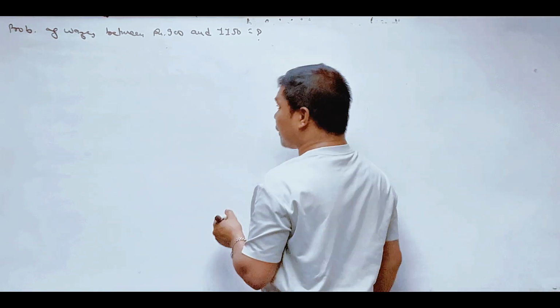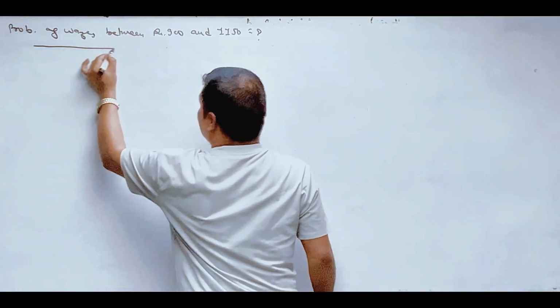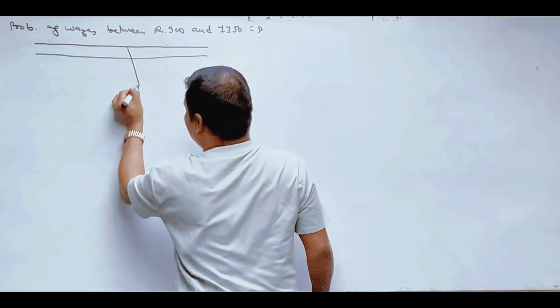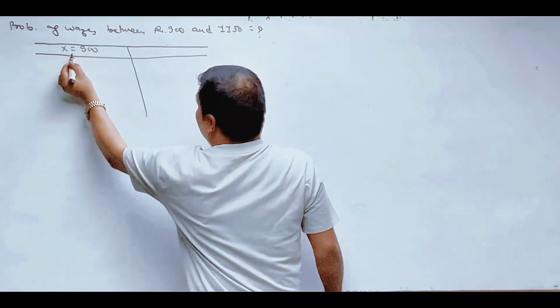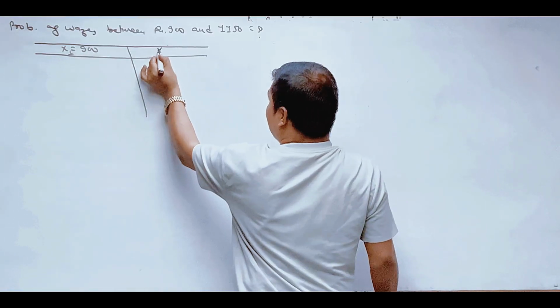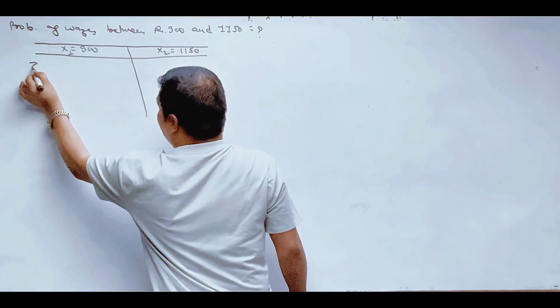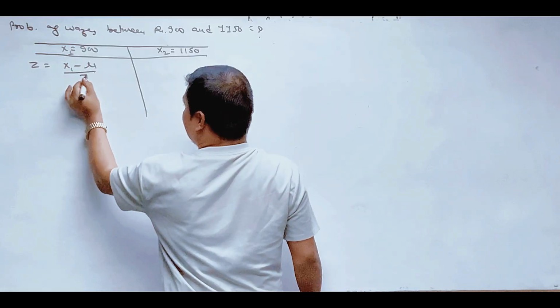Here it is better to solve the given information by putting it into two different portions of the table to make it easier to understand. The first is x1 equals 900, another x2 equals 1150. The z score can be obtained by (x1 minus mu) divided by standard deviation.